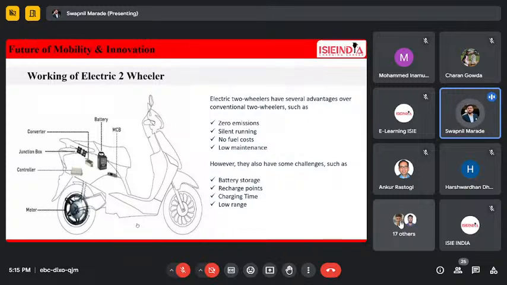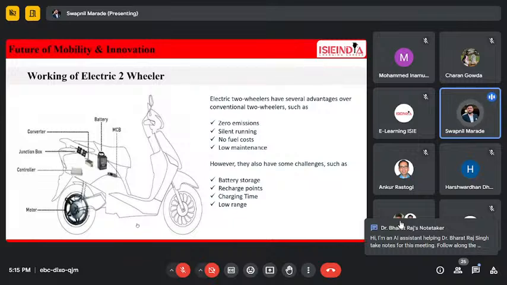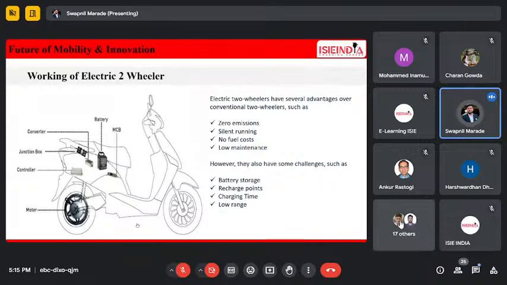They also have some challenges, such as limited battery storage area, the recharge point, meaning charging infrastructure, and charging time, which is long for the battery. Thereafter, the low range, because the battery storage area is small. That is why we cannot put a high volume of battery there, so low range is also a challenge in electric two-wheelers.